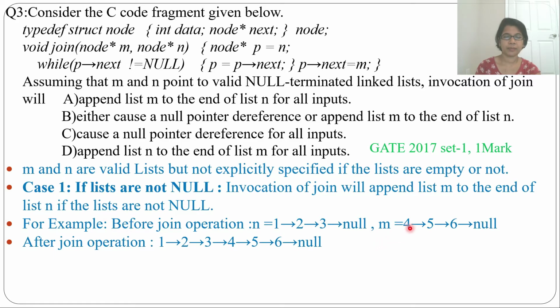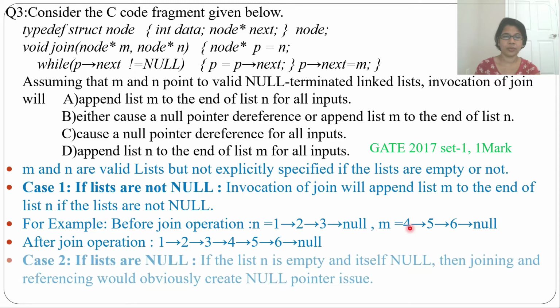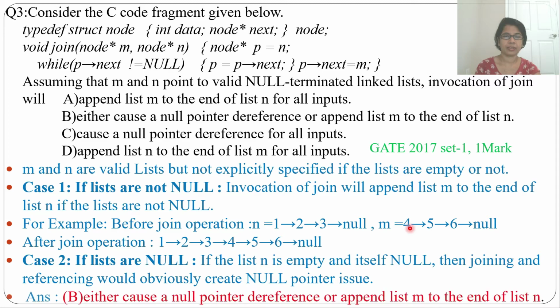So after the join operation it will be 1 2 3 4 5 6, it will just append list m to list n. But when the list is empty or itself null, then the reference will cause a null pointer issue. So the answer will be B: either cause a null pointer dereference or append list m to list n.